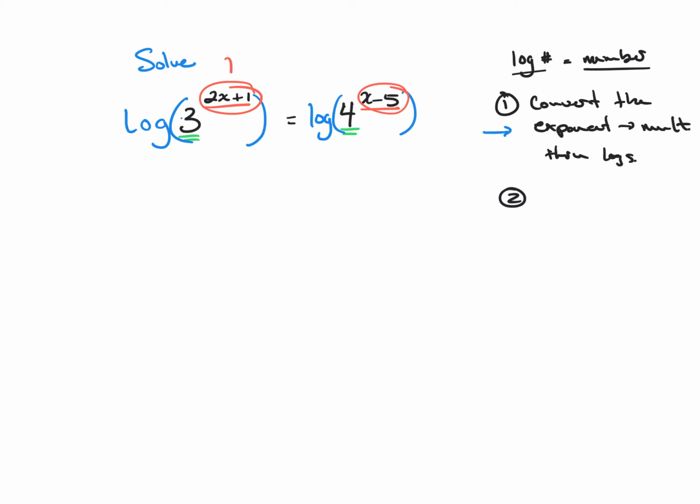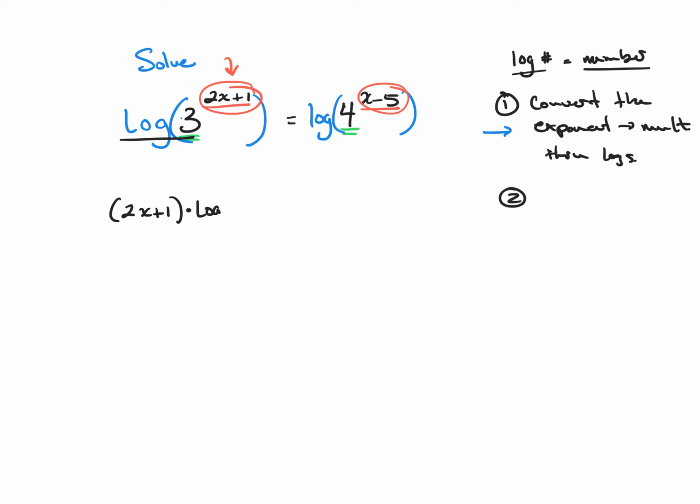Now, you just need to remember that when they're written as polynomials, they're groups. So that exponent becomes the group 2x plus 1, and you multiply that by log 3.